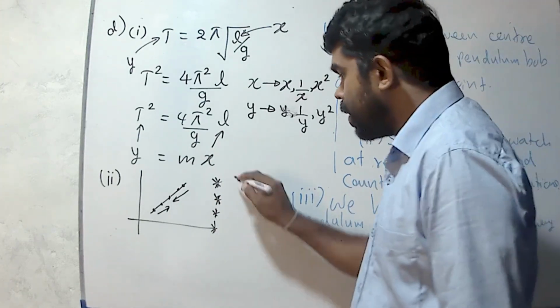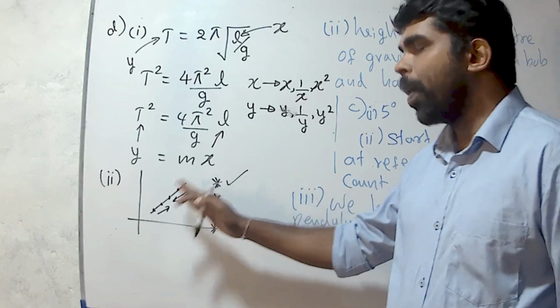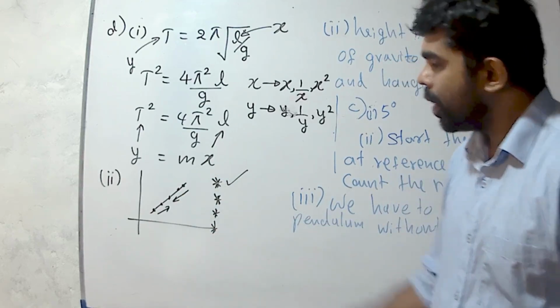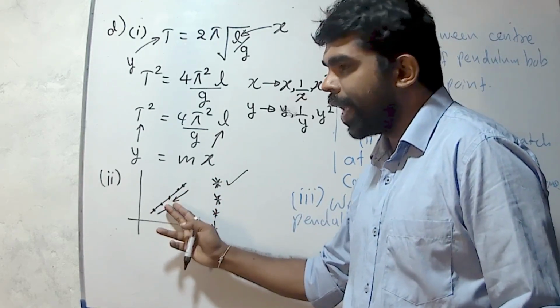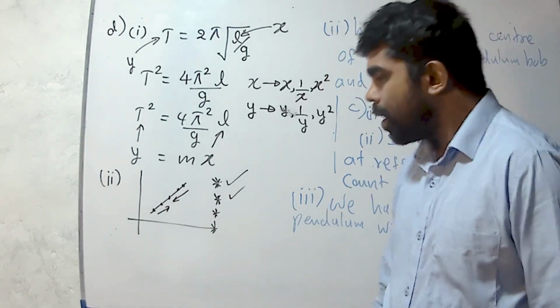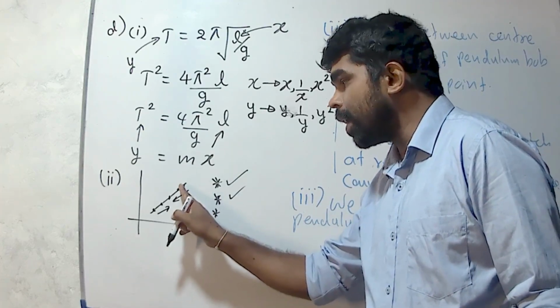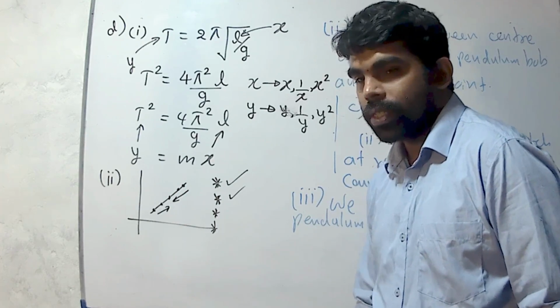Then you can remember: first, we have to select 2 points such that the points are within the range of these mark points. Second, we can't select mark points; we have to select another 2 points.